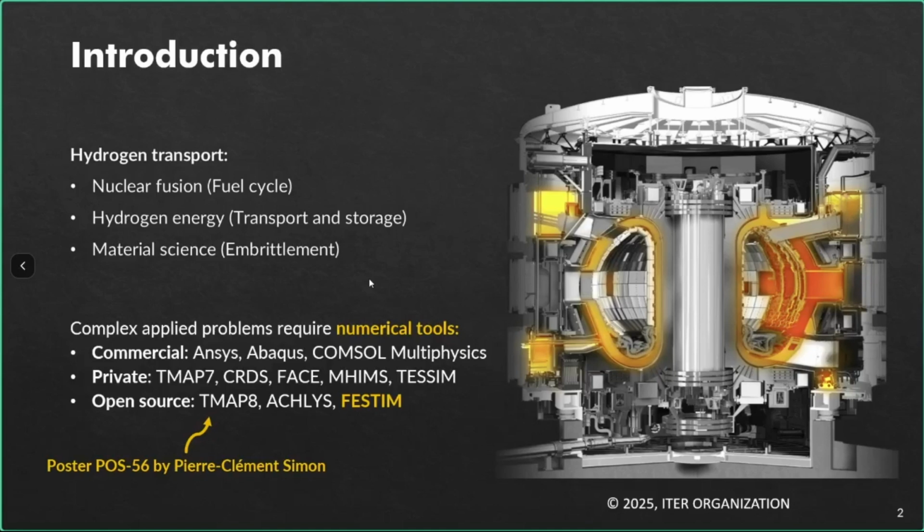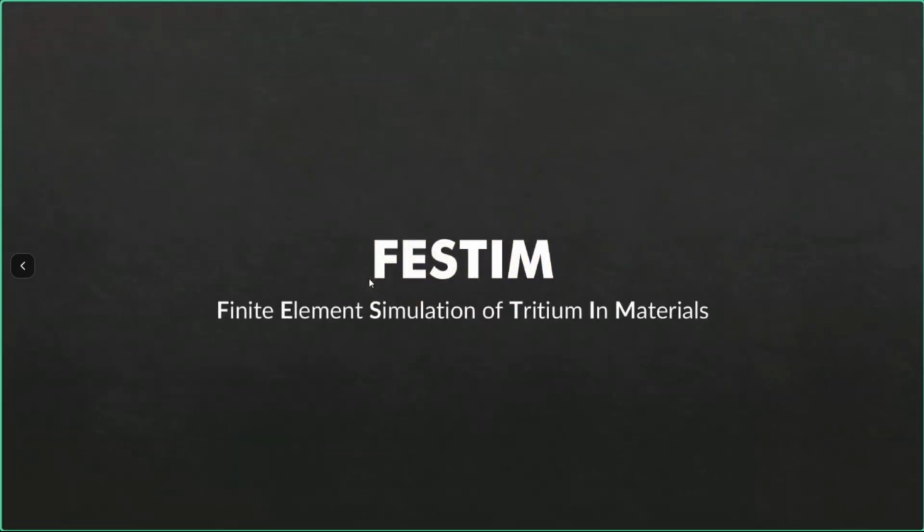Now more and more openly available packages appear, and even today there are in fact two simulation packages for modeling hydrogen transport presented at this conference. But I will talk about FESTIM, a finite element code for hydrogen transport simulations in materials.